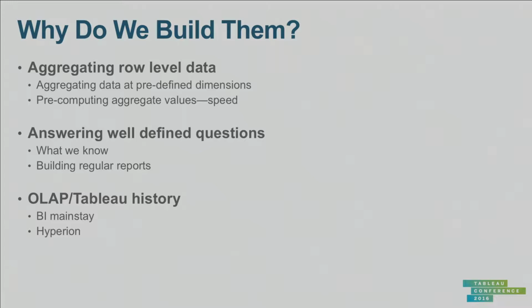Now, something I'm going to touch on towards the end of the presentation is that we're starting to reach that inflection point again, where we have more data than we can reliably compute very quickly. And so there's actually a use case that has opened up for cubes moving into the future, which I think is kind of exciting and interesting.